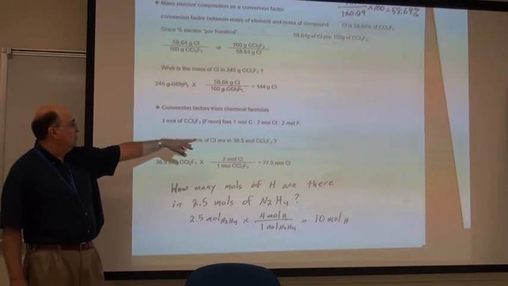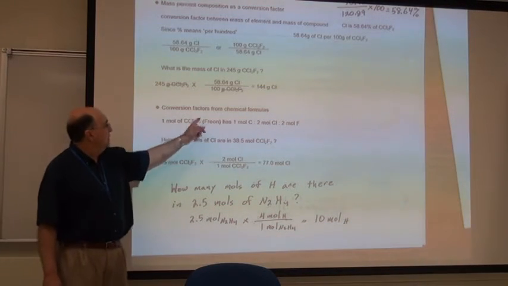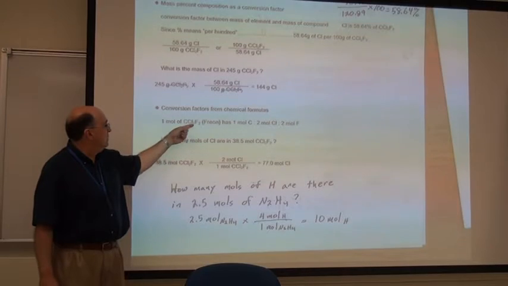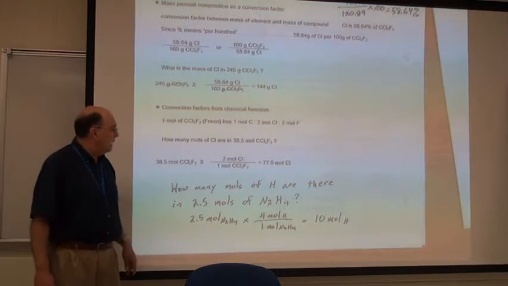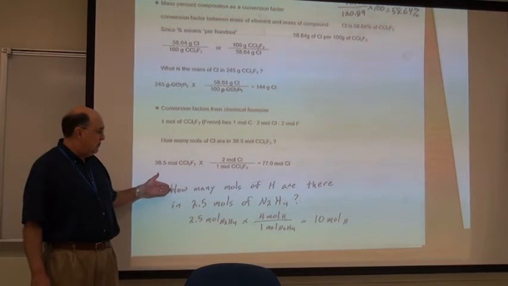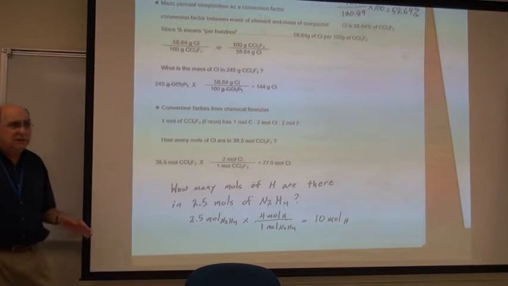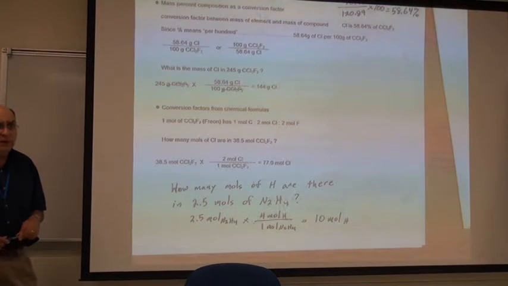How many moles of chlorine are in 35.8 moles of that? Well, you look here, it's 2 moles of chlorine per one of these. Okay. Now, this question right here is almost word for word a question on the test last year. Okay? More than half the class missed this question.